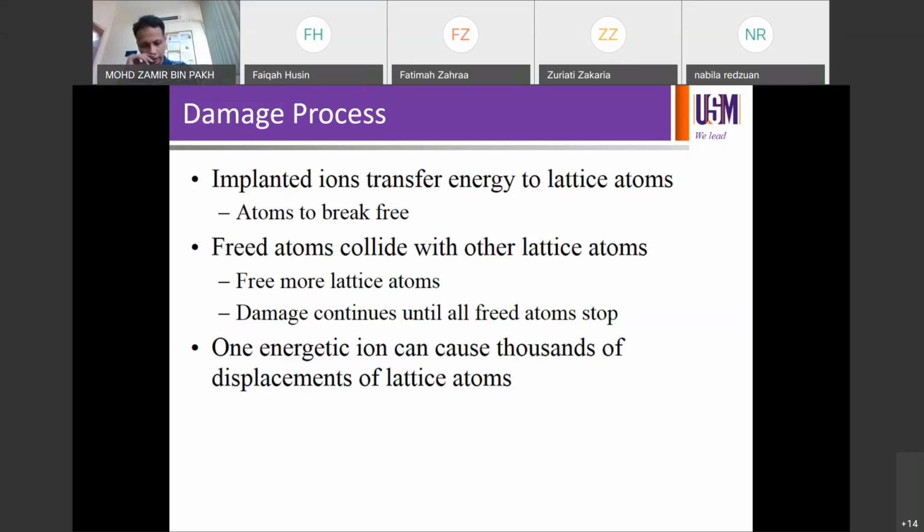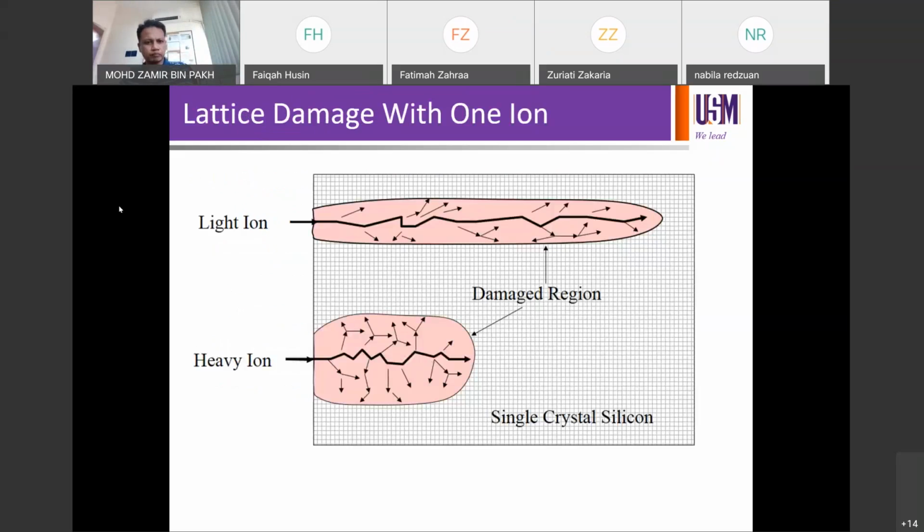Depending on the energy level that you have during the implantation process, either low energy, middle energy, or high energy, the higher the energy it carries, the more damage it causes to the silicon lattice. As an illustration, if you're talking about light ions or heavy ions with different energy levels, they are going to cause different kinds of damage to the lattice, right?